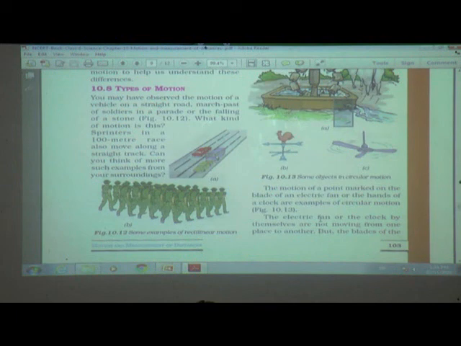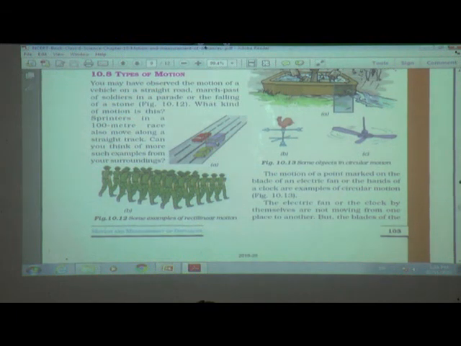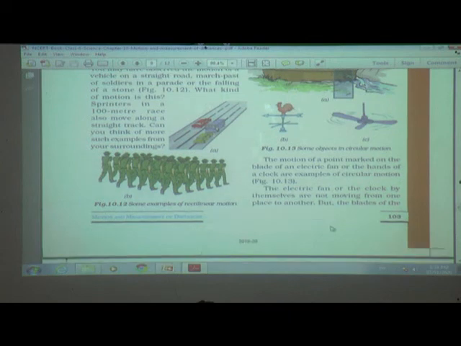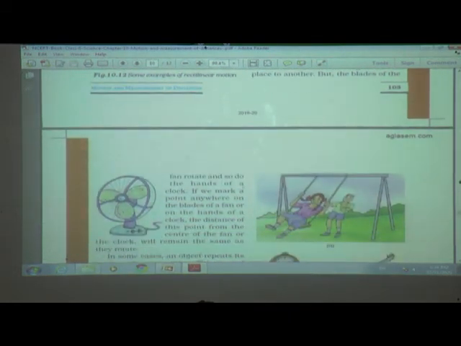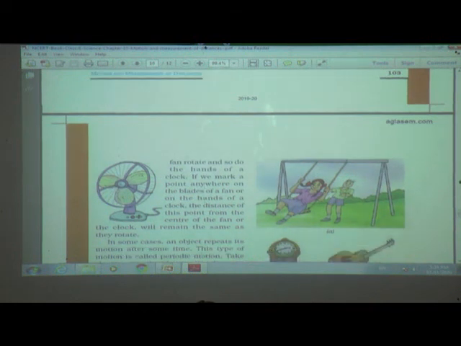The electric fan or the clock by themselves are not moving from one place to another, but the blades of the fan rotate and so do the hands of a clock. If we mark a point anywhere on the blades of a fan or on the hands of a clock, the distance of this point from the center of the fan or the clock will remain the same as they rotate.